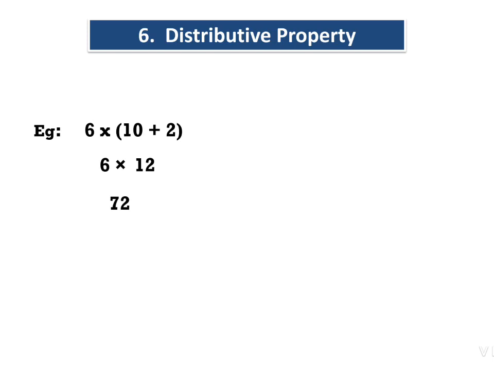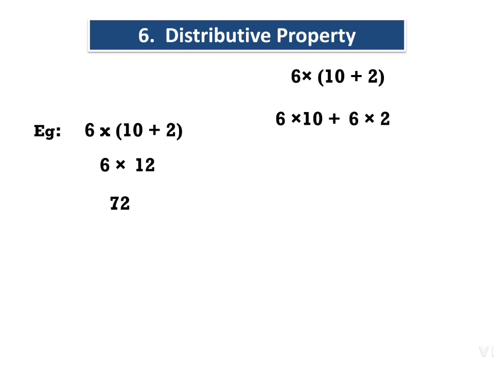Next step, we distribute the numbers like this. In 6 into 10 plus 2, 6 is outside the bracket, and 10 and 2 are inside the bracket. Then we distribute 6 to 10 and 2, that is, 6 is common for 10 and 2. So we write 6 into 10 plus 6 into 2.